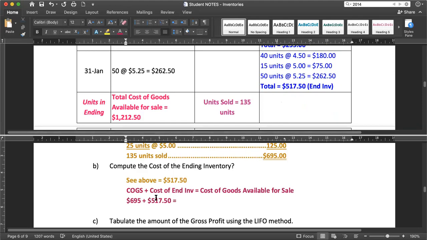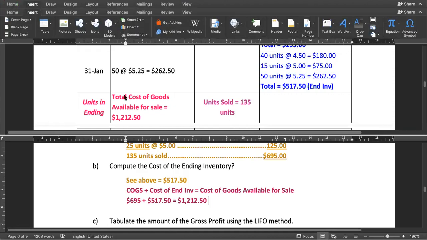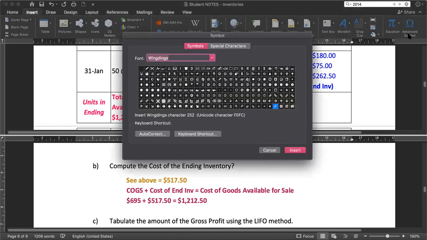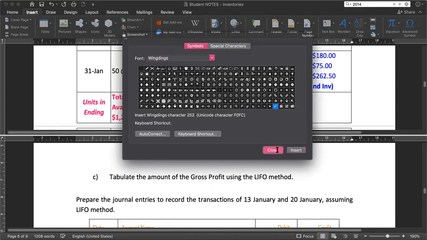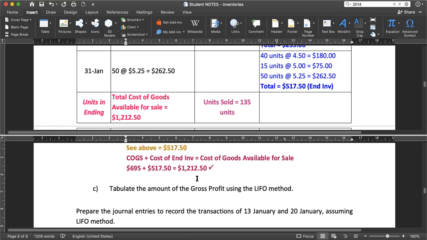So when we add those two together, this should be equal to $1,212.50. And again, this serves as a check. That is then the amount that we have calculated.